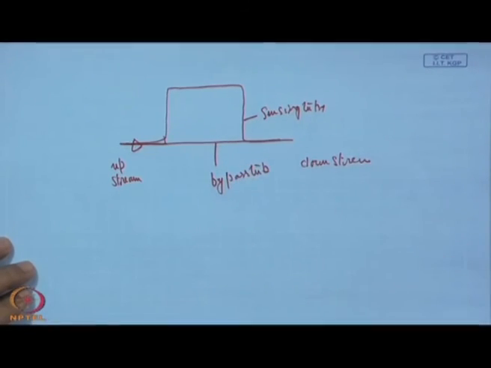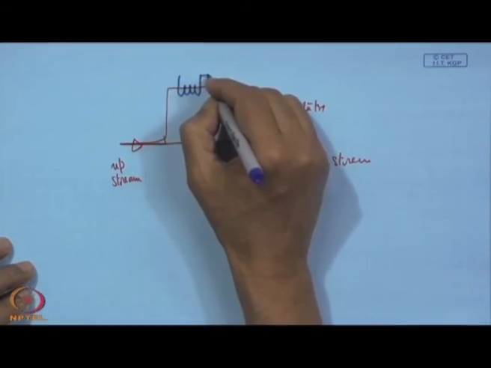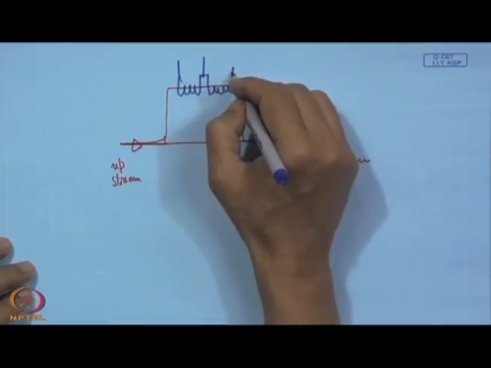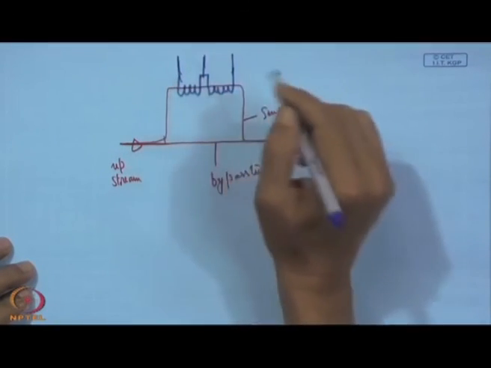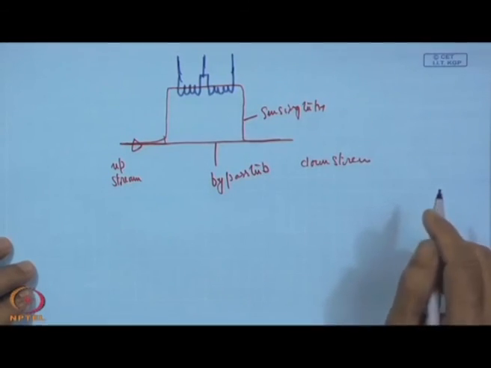So, what we have here are two heating coils, actually like resistance thermometer coils. These constitute two arms of a Wheatstone bridge.